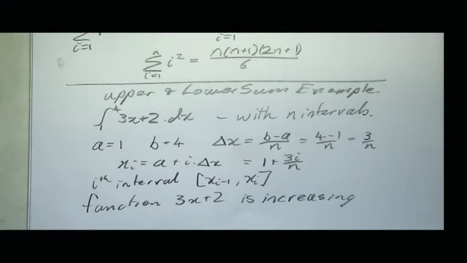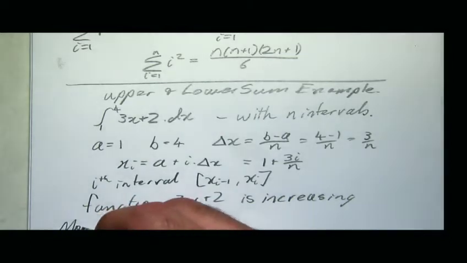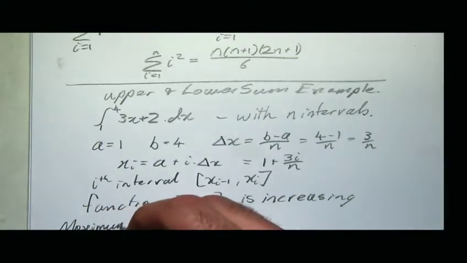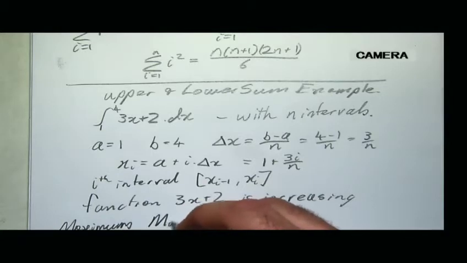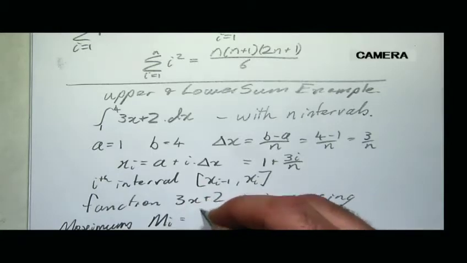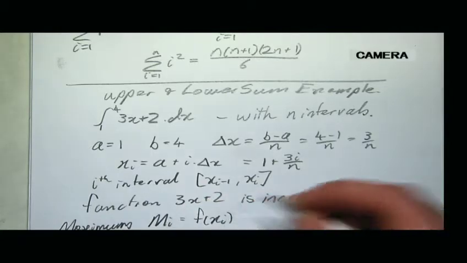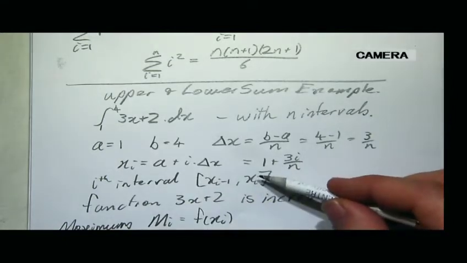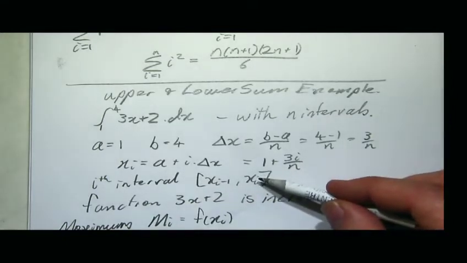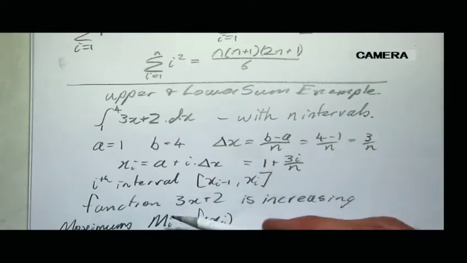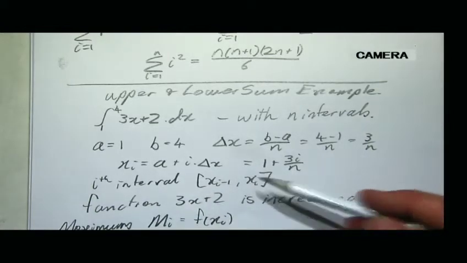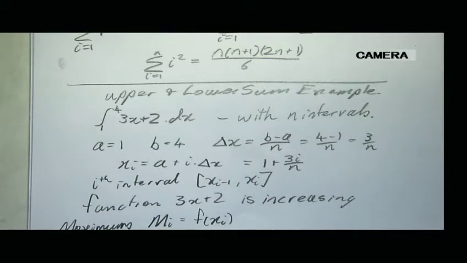So my maximums, capital Mi, is equal to f of xi. So f of the right-hand endpoint of my ith interval. The maximum for the ith interval is f at the right-hand endpoint.